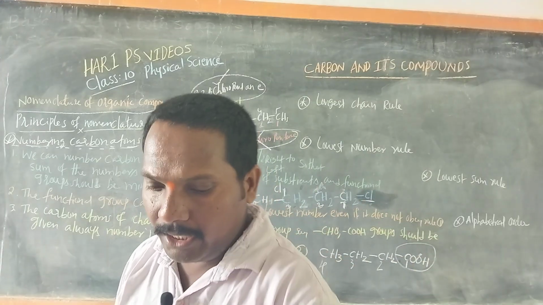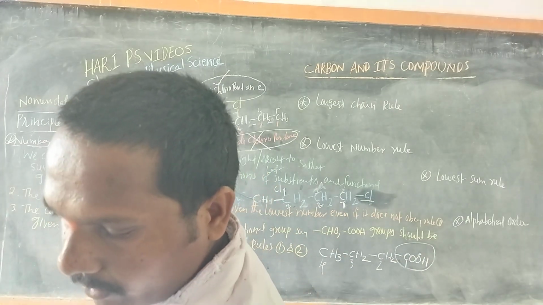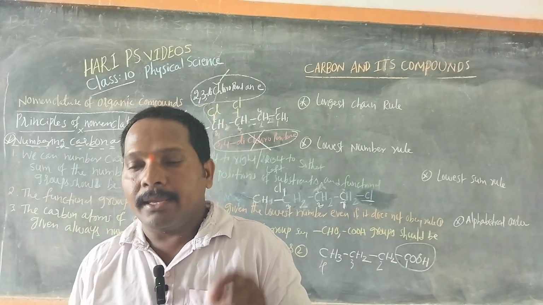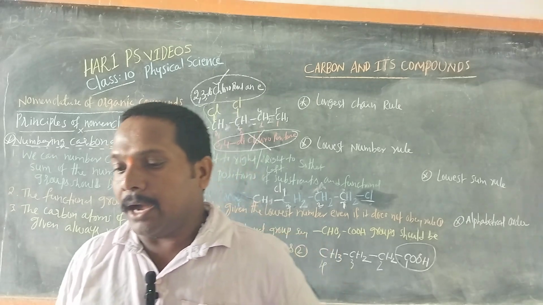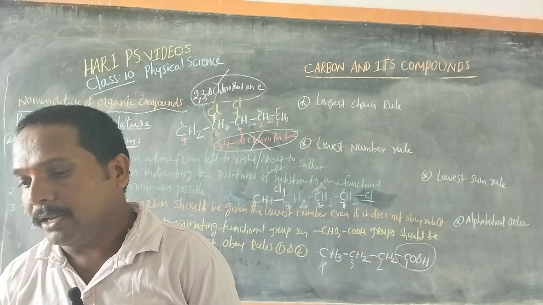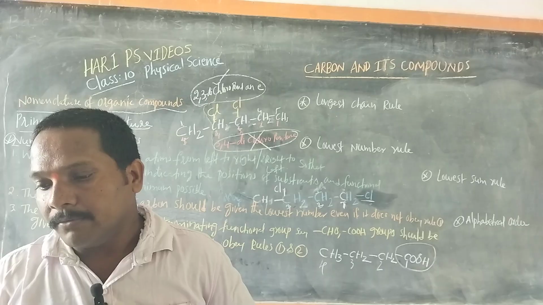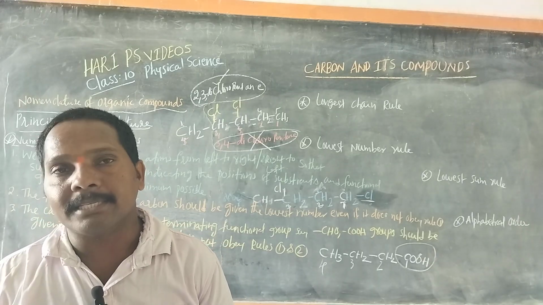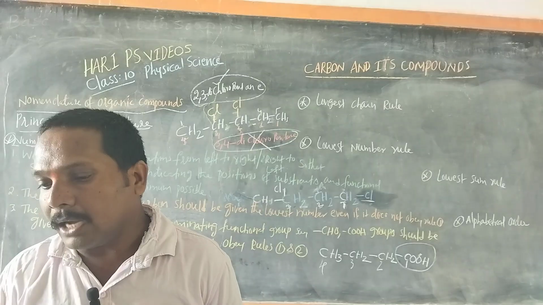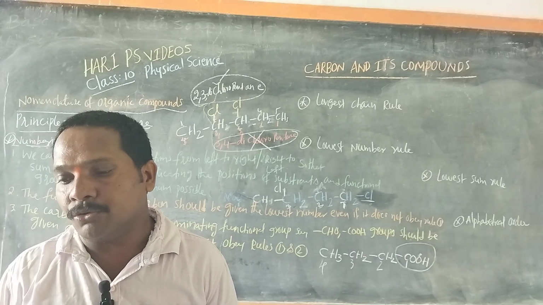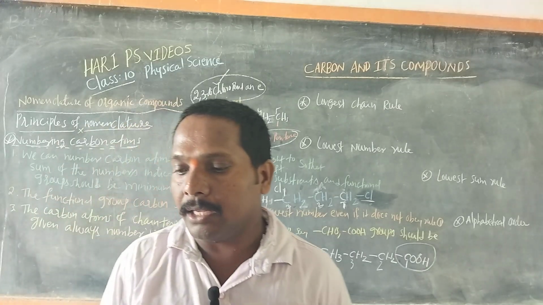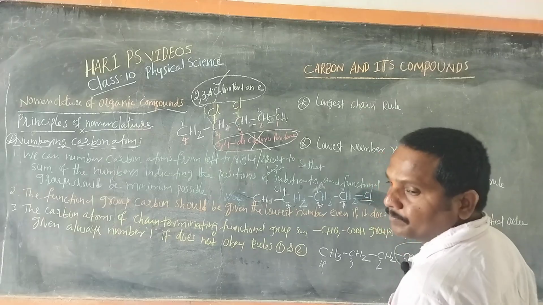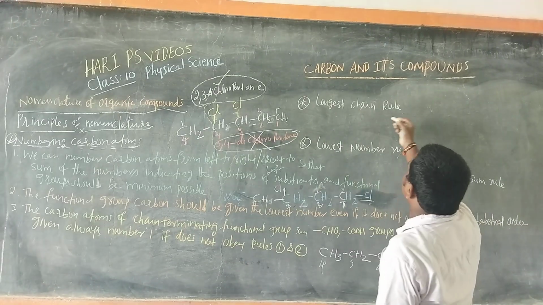Longest chain rule. Select the longest continuous chain of carbon atoms, which is known as the parent chain or principal chain. All other carbon atom constituents in the chain are branched chains or side chains. Longest chain.